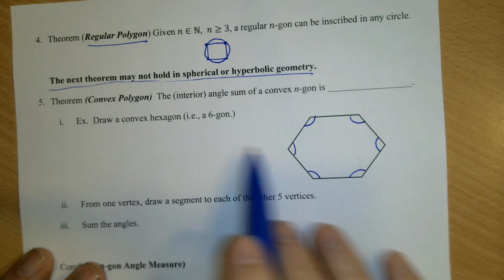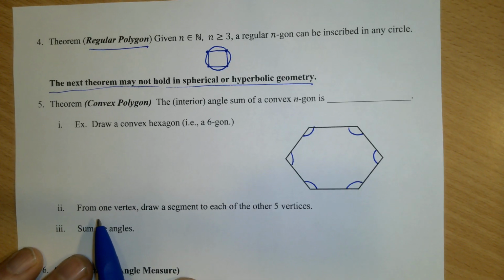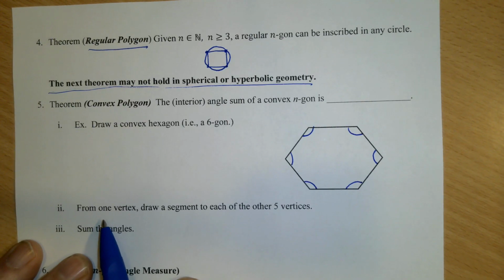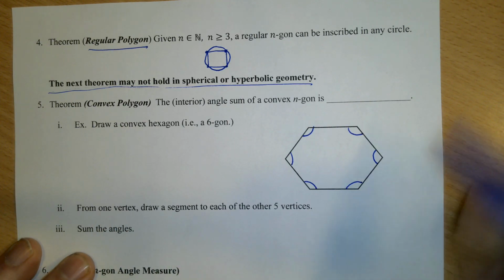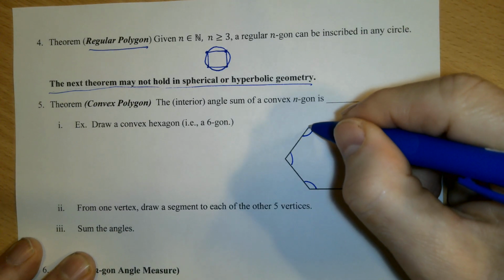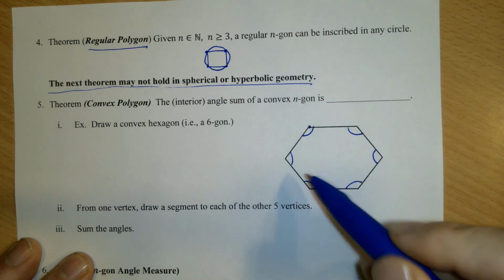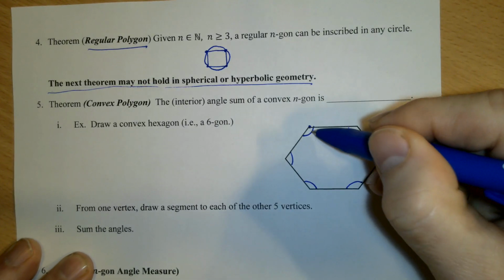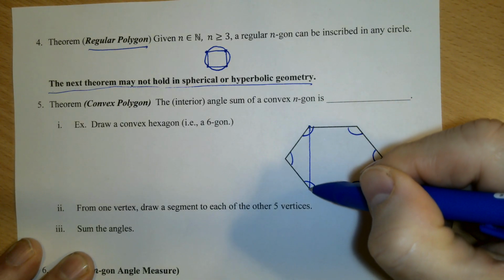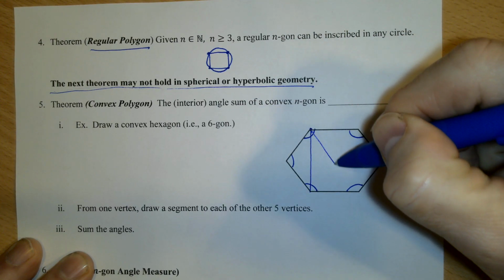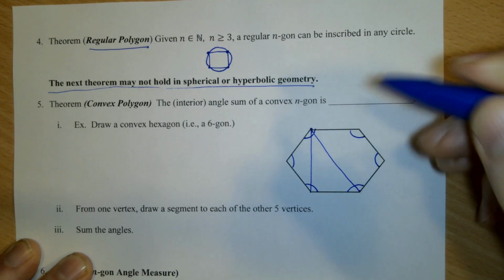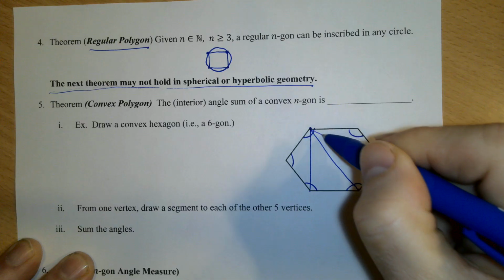From one vertex, choose any one of them. Draw a segment to each of the other 5 vertices. So from here, I'll just pick this one. I've got one to here, I've got one to here, so I've got to draw one to here. I've got to draw to here. And I've got to draw to this one.